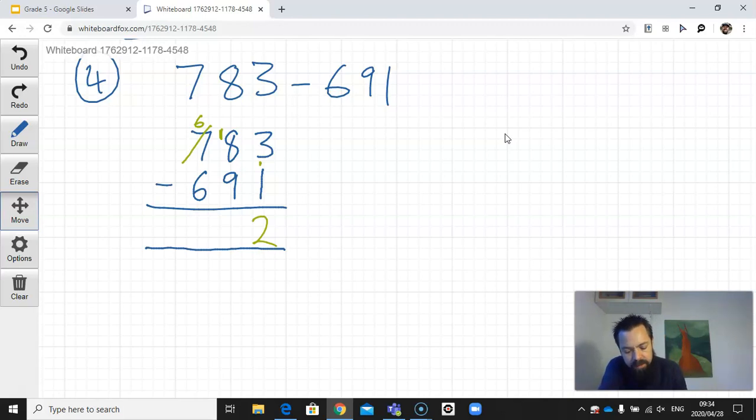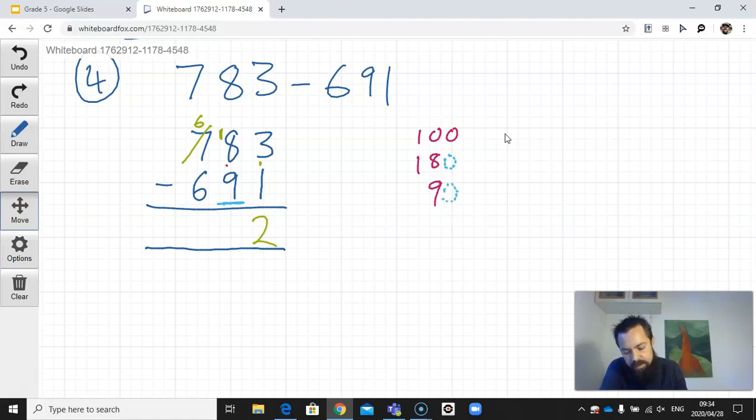Again, just a reminder that when we borrowed from the hundreds, what we were doing was borrowing 100. And so when we put it with our tens, and our tens we had 8, but 8 tens is actually 80. So when we put it with there, we now have 118. And what we're trying to subtract down here is 9 tens, which means 90.